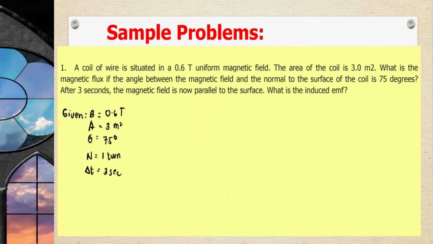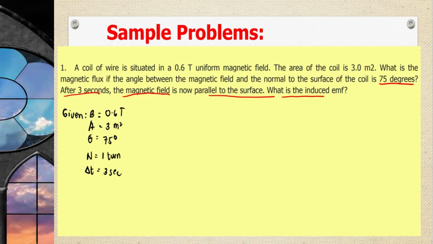In this problem, a coil of wire is situated in a 0.6 Tesla uniform magnetic field. The area of the coil is 3.0 meters squared. What is the magnetic flux if the angle between the magnetic field and the normal to the surface of the coil is 75 degrees? After 3 seconds, the magnetic field is now parallel to the surface.